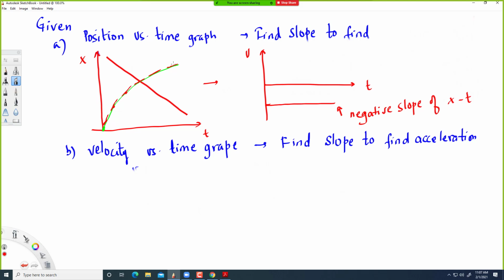What is happening to the steepness as you go along the duration of t? It is decreasing, right? It's getting less and less steep. So for this green graph, my graph would look like that. Steepness is decreasing.